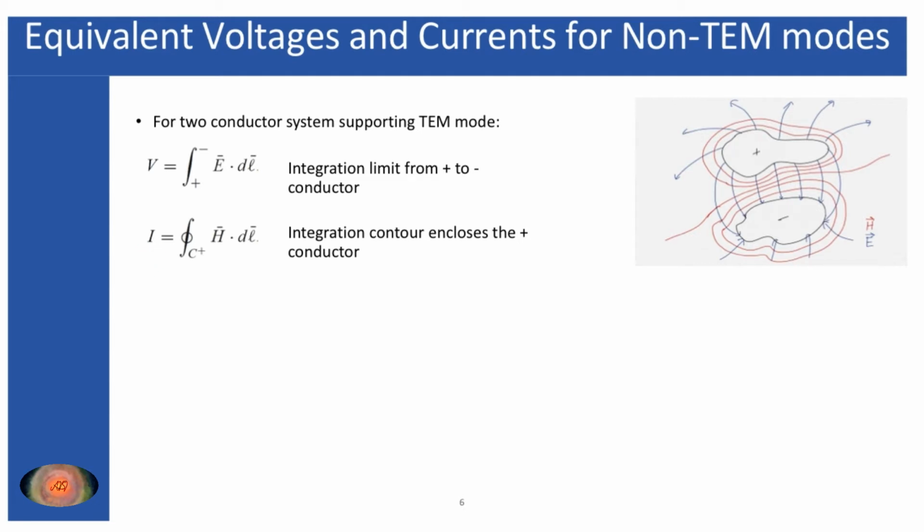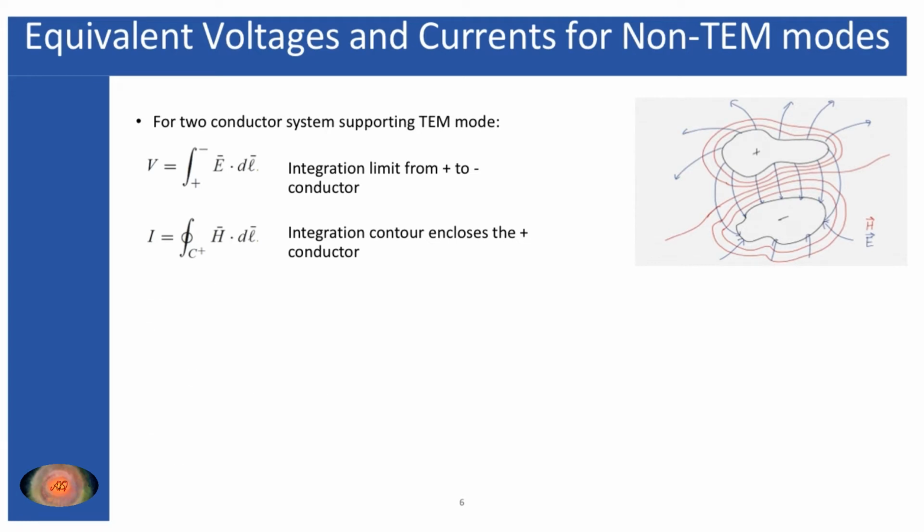So therefore the voltage and current can be uniquely defined at a particular position if the conductors are non-touching to each other, or in other way we can say if the system is carrying the TEM mode. You can see the TEM mode means the electric fields and the magnetic fields are perpendicular to each other. So the TEM mode is carried by such kind of system.